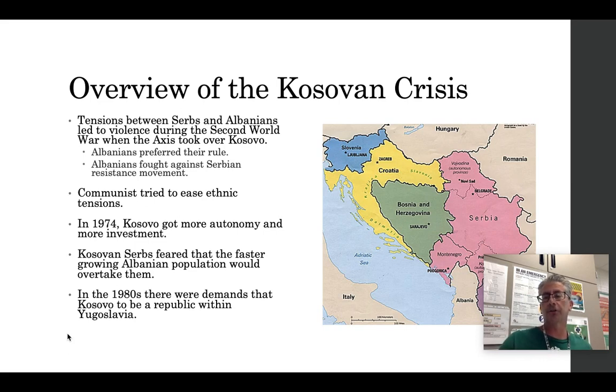Now, Kosovar Serbs are not going to want that to happen because they knew that they would probably become a minority in this new republic that would be formed within Yugoslavia. So they would prefer that Kosovo just remain the status that it is.